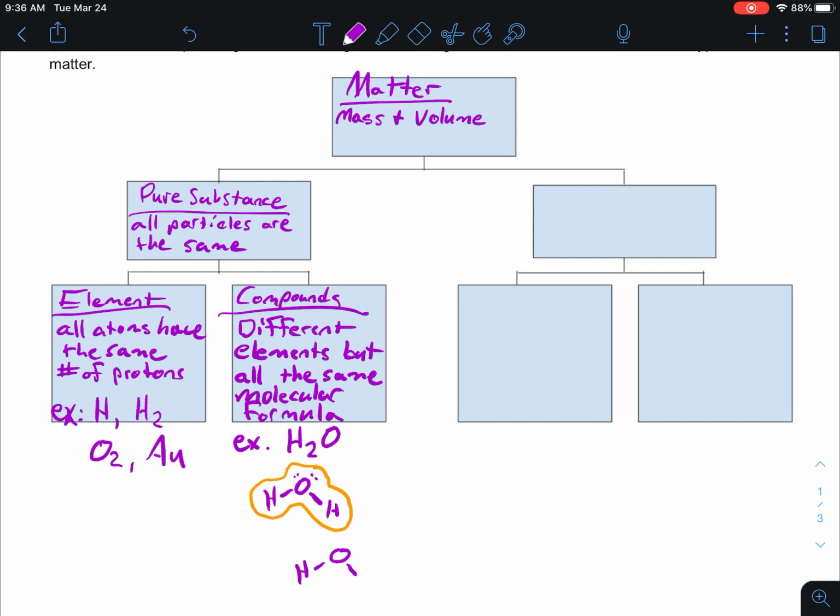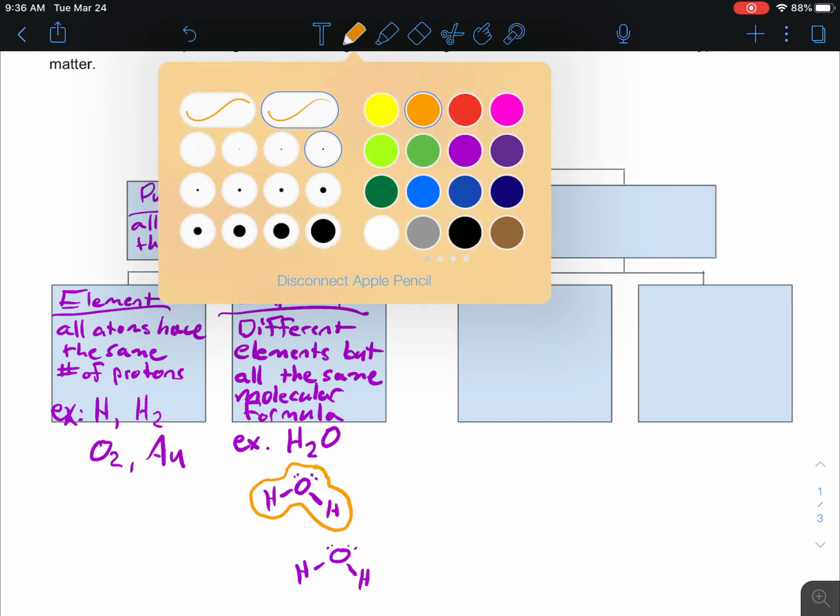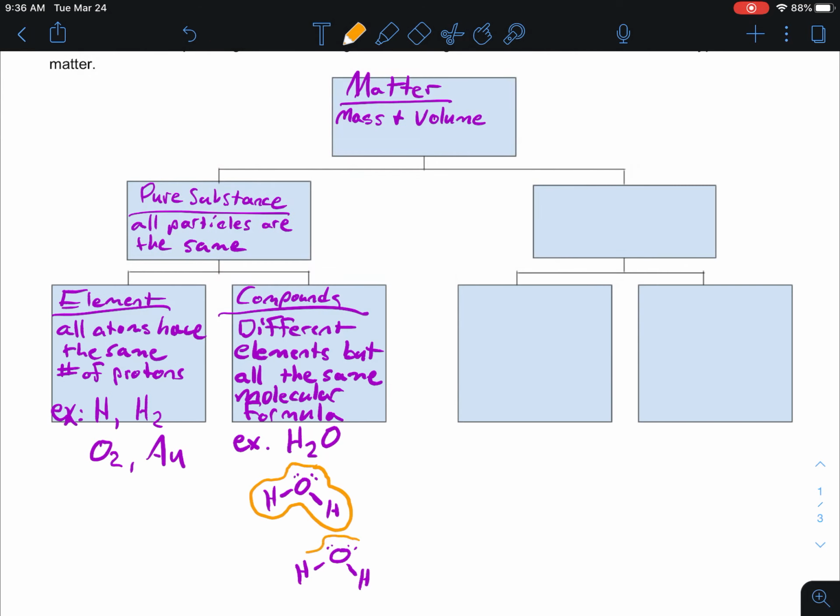But every single one of those particles, every single one of those water molecules consists of the same elements in the same ratio, sharing the exact same orientation of bonds.